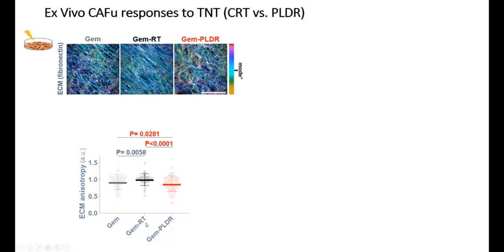Well, we took then the effects of the conventional radiotherapy as our standard to normalize our data and to start seeing variations when we are just giving the gemcitabine versus the combination with the pulse low dose radiation.